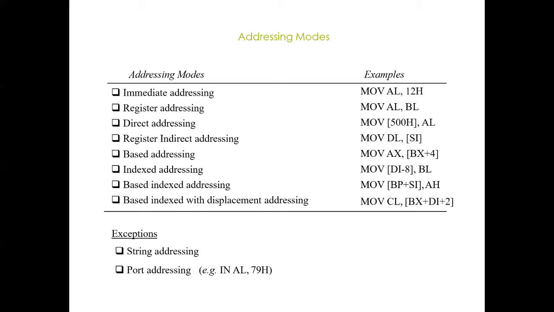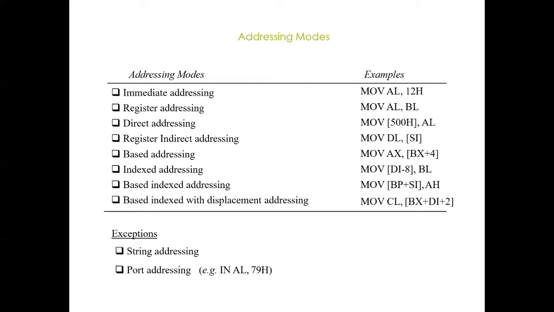MOV AX, [BX plus SI plus 05], which is an example of 8-bit displacement. MOV AX, [BX plus SI plus 1235H], which is an example of 16-bit displacement. The exceptions are string addressing and port addressing modes.